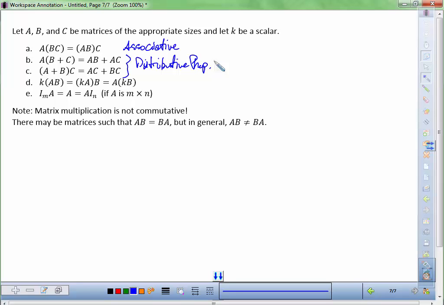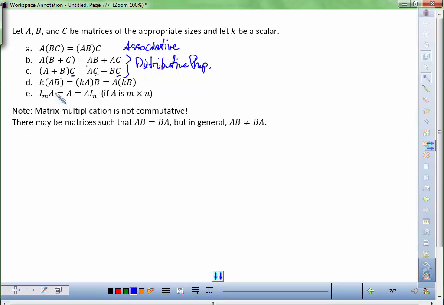And this is due to the fact that matrix multiplication is not commutative. So if you're going to multiply something from the left side, you have to be consistent in multiplying it from the left side. If you're multiplying something from the right side, again, be consistent and multiply it on the right side when you distribute.